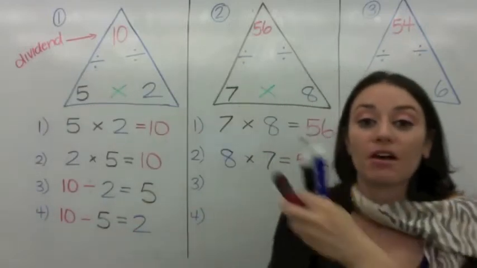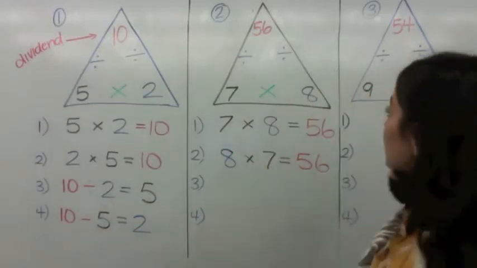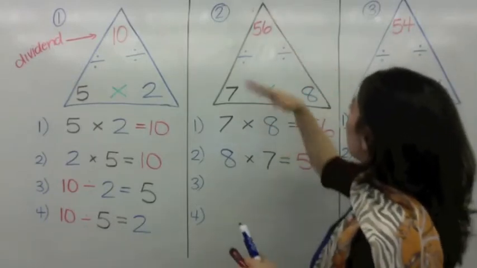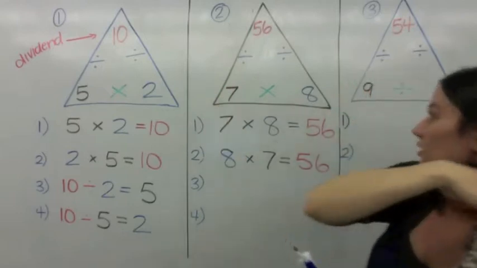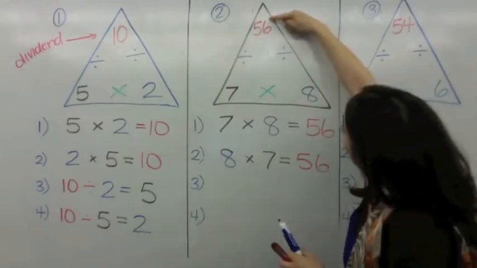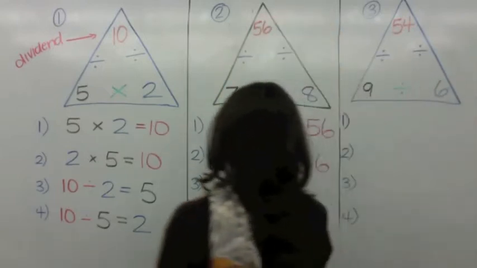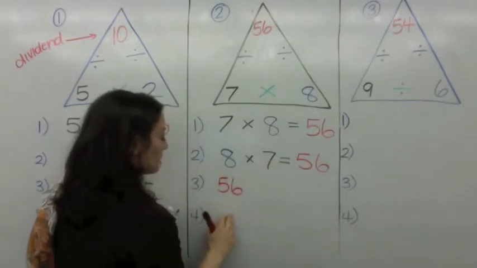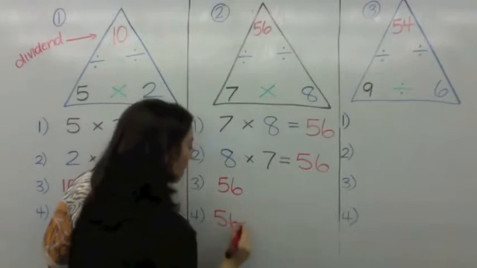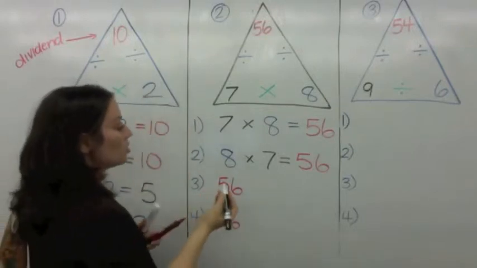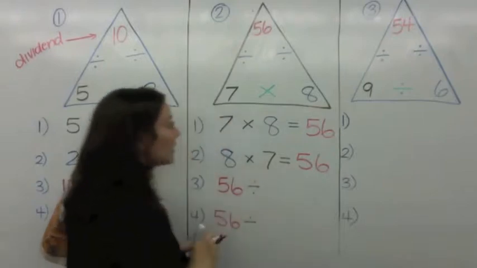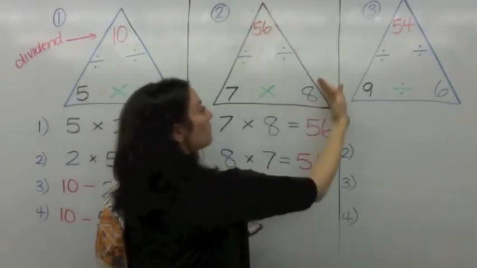What is the opposite of multiplication? It is division. And you have division on the right-hand side of the triangle, this leg, and the left-hand side of the triangle. So now we're going to start with the red number. That's the big number. So we're going to write 56. We're going to make 2 division problems. Let's do this side first.